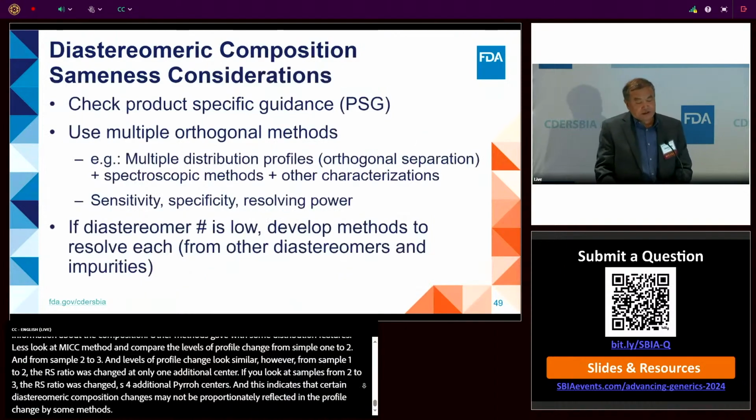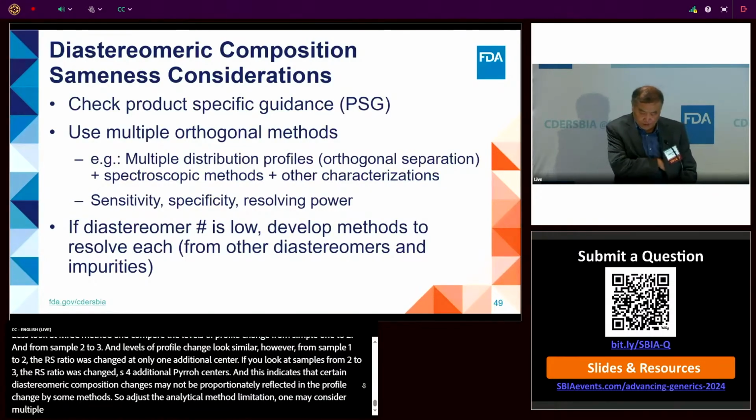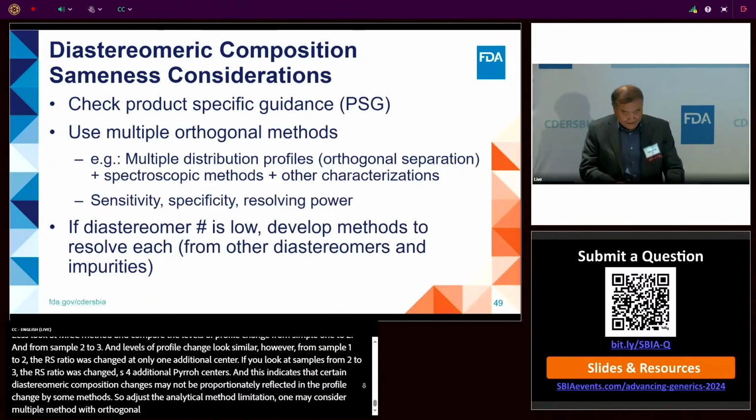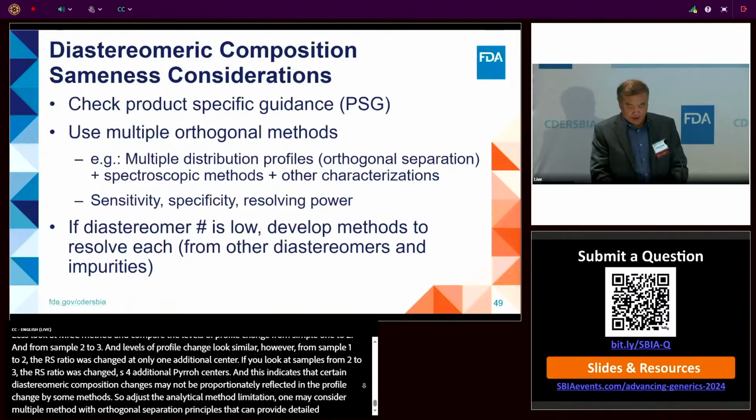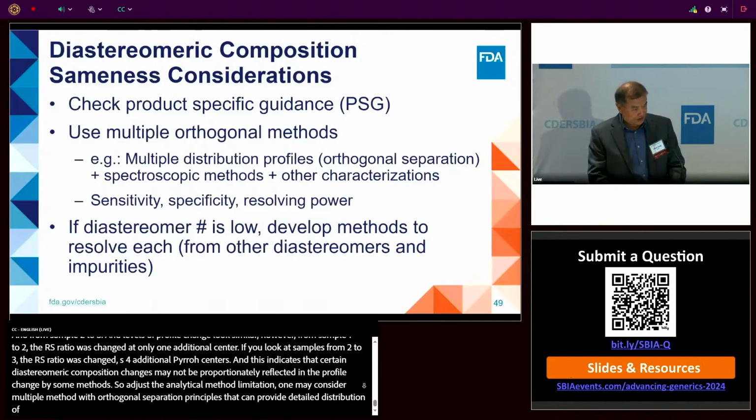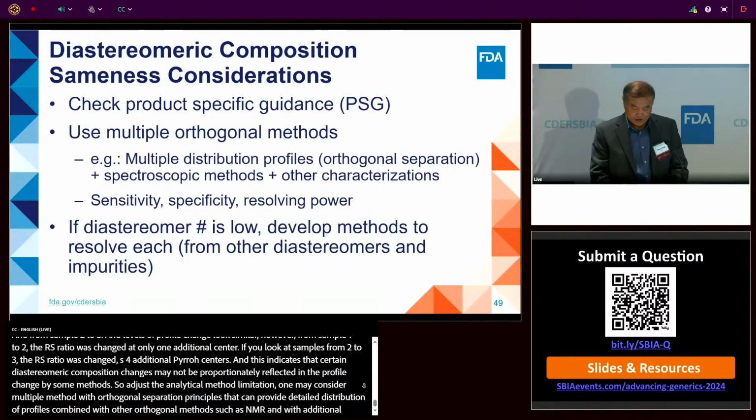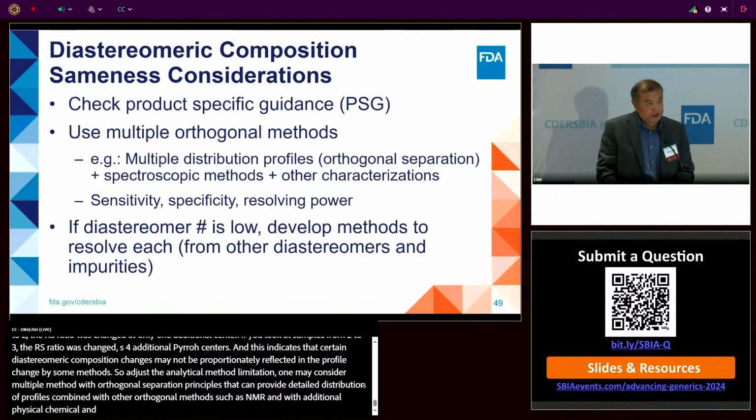To address the analytical method limitations, one may consider using multiple analytical methods with orthogonal separation principles that can provide detailed distribution profiles, combined with other orthogonal methods such as NMR and with additional physicochemical characterizations such as the melting temperature or Tm of an appropriate duplexes from the oligonucleotide.